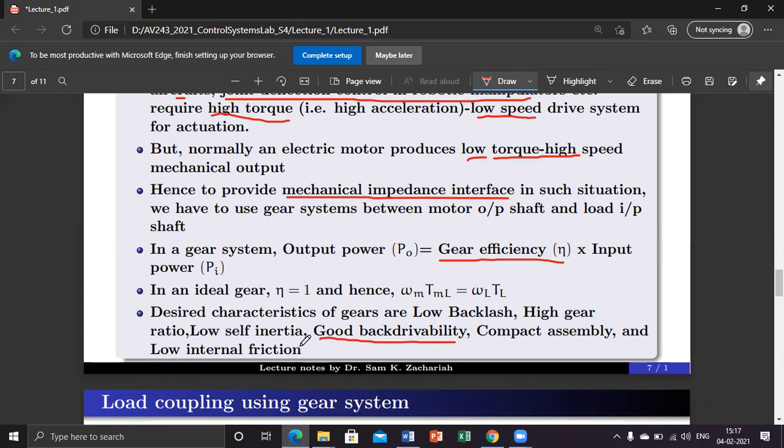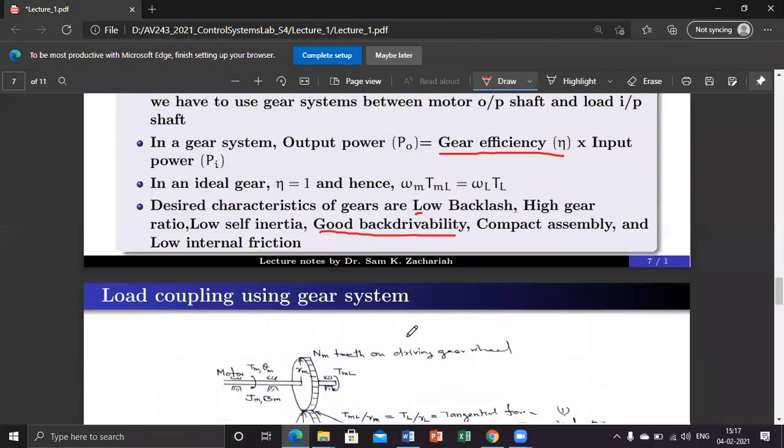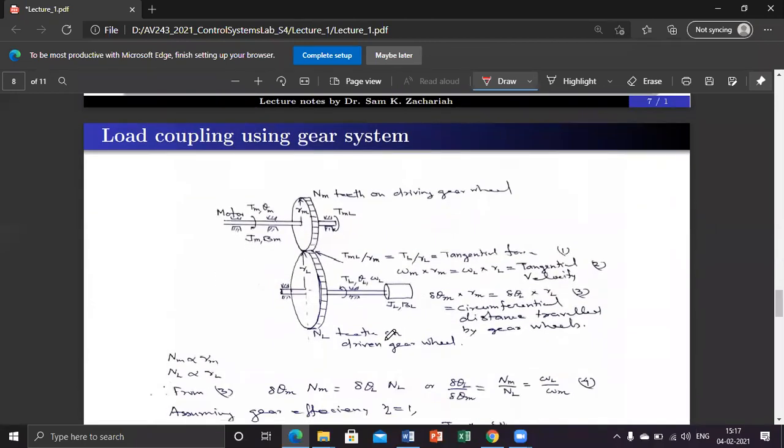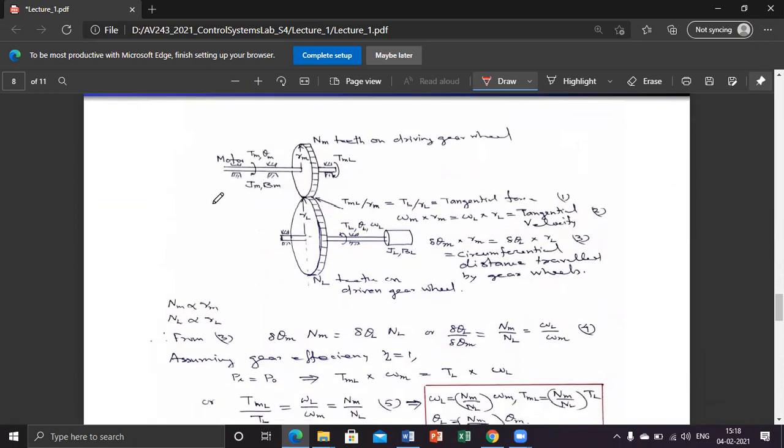Any doubts on this? Can you please say what backlash is? Backlash is called play. Okay, I will show it with respect to this. You have seen this diagram.